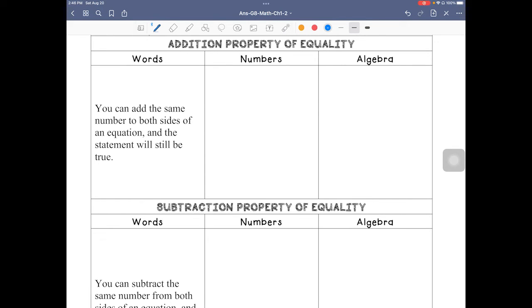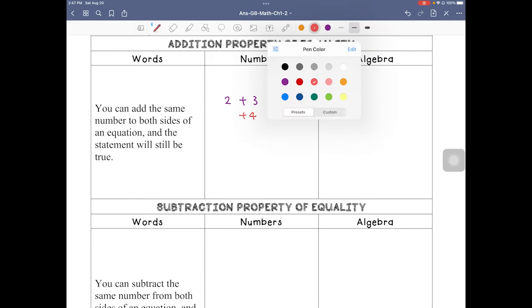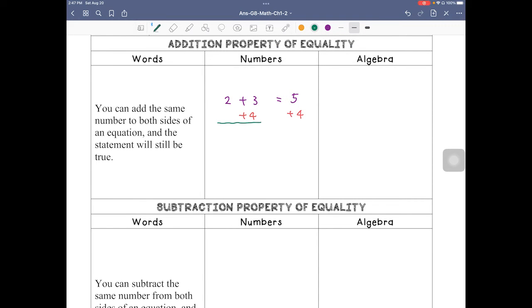Let's talk about the addition property of equality. This part will be repeated in Algebra 1. The addition property of equality says we can add the same number to both sides of an equation and the statement will still be true. If I have 2 plus 3 equals 5, and I add 4 to both sides, it becomes 2 plus 7 equals 9, which is a true statement. It wouldn't become false just because I add a number to both sides.